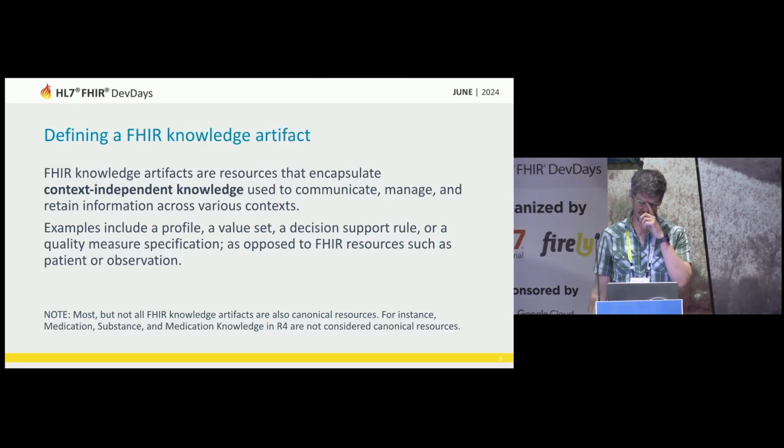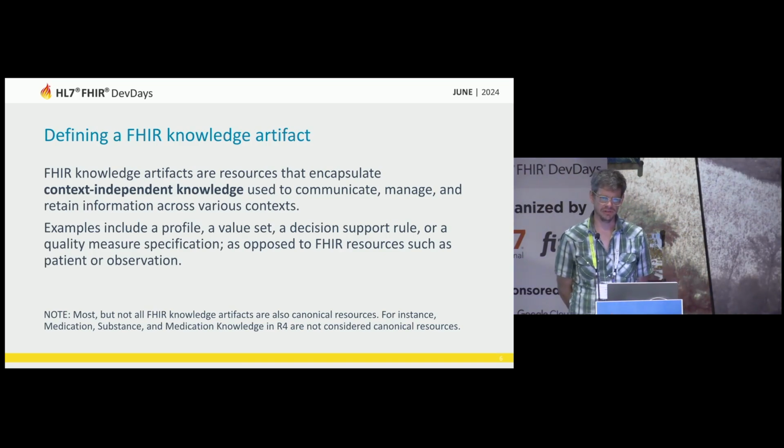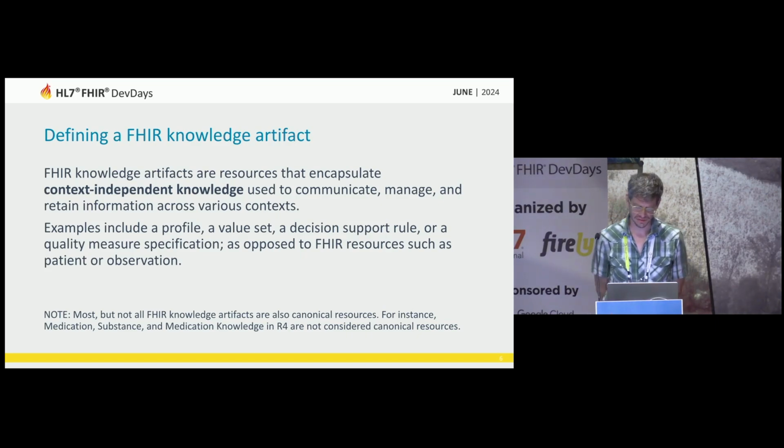So a knowledge artifact is really a resource that's context independent. So instead of an actual patient's blood pressure, it might be the concept of blood pressure. And also value sets, so the terminology resource types are also considered knowledge artifacts.